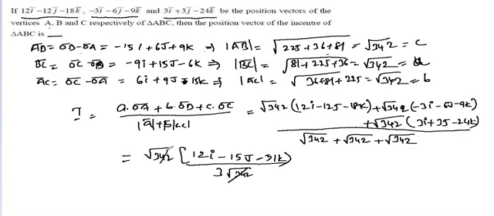So root 342 cancels. 12 by 3 is 4i, minus 15 by 3 is 5j, minus 51 by 3, that is 17k. This is the position vector of the incenter, that is 4i minus 5j minus 17k. That is the answer.